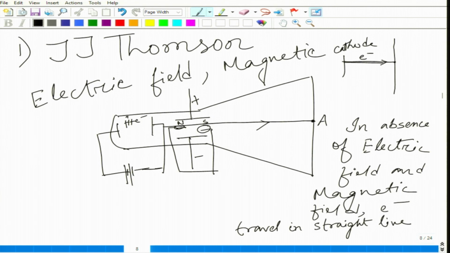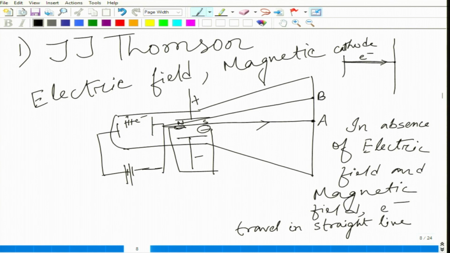Now, if electric field is present only, then the electrons are negatively charged, so they will be attracted towards the positive plate. So, there will be a deflection in their path and the electrons will hit this position.